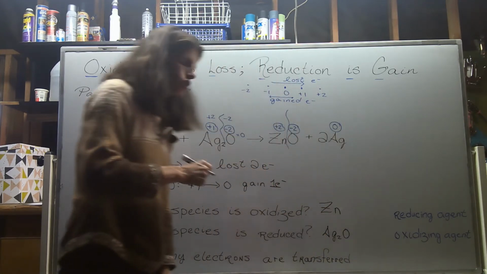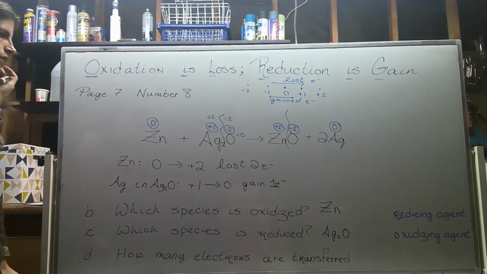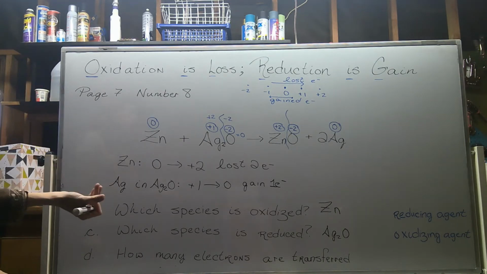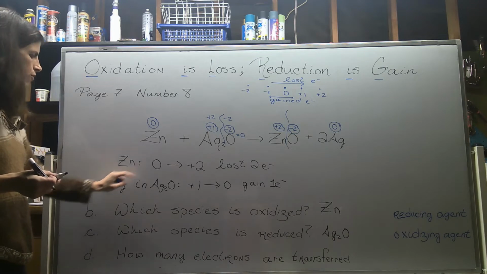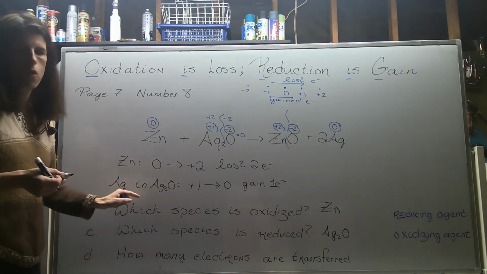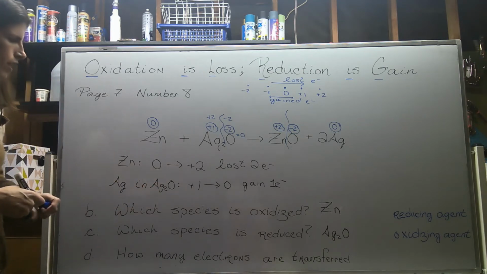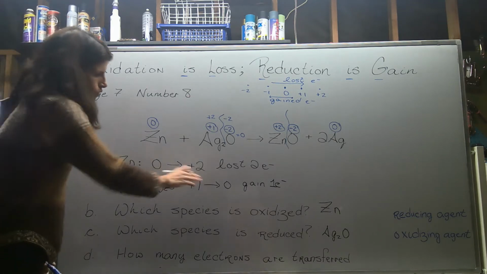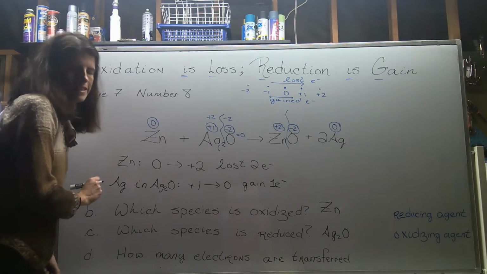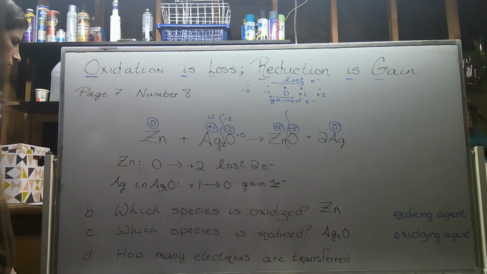Different ALEKS questions, different homework questions ask for different ways. I'll be very specific if I ask you this question, but sometimes they want you to just report the silver, and sometimes they want the whole compound. So definitely look at their explanations of what they want. But as long as you recognize that the silver is the one that's gaining as the reaction proceeds.